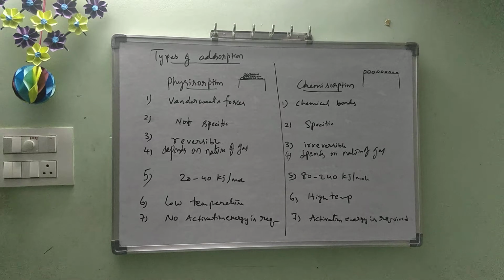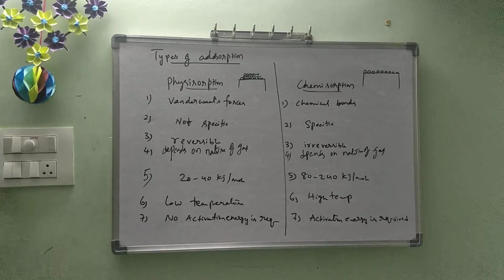Enthalpy of adsorption is low under physisorption because of van der Waals forces. If weak forces are there, the energy released will also be weak, 20 to 40 kilojoules only, but under chemisorption 80 to 240 kilojoules per mole energy is released because it involves chemical bonds.